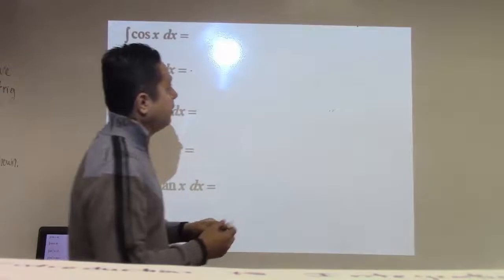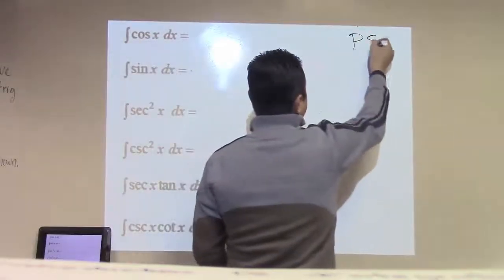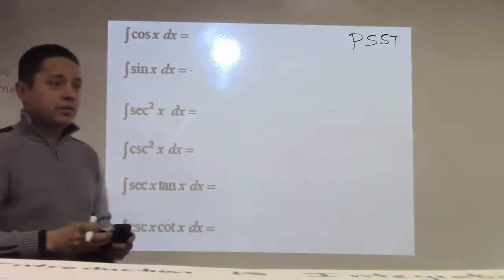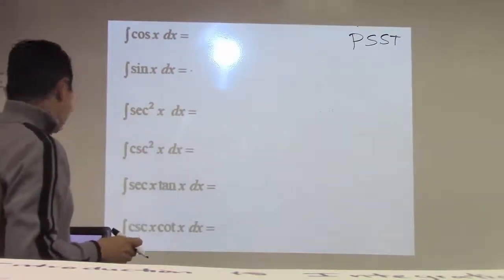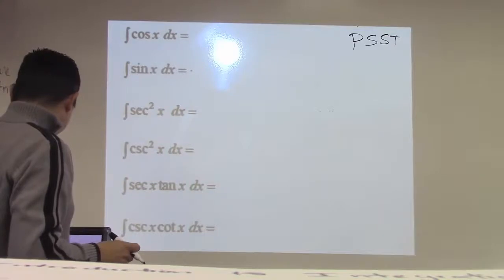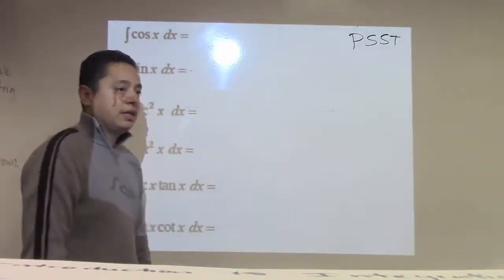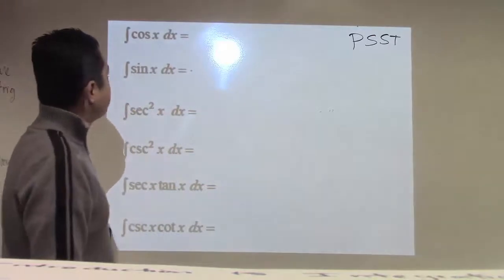Another helpful hint is to have the Pythagorean identities written somewhere, because with that one we can derive all the other connections for cosecant, secant, cotangent, tangent. All right. So let's go through the first ones.